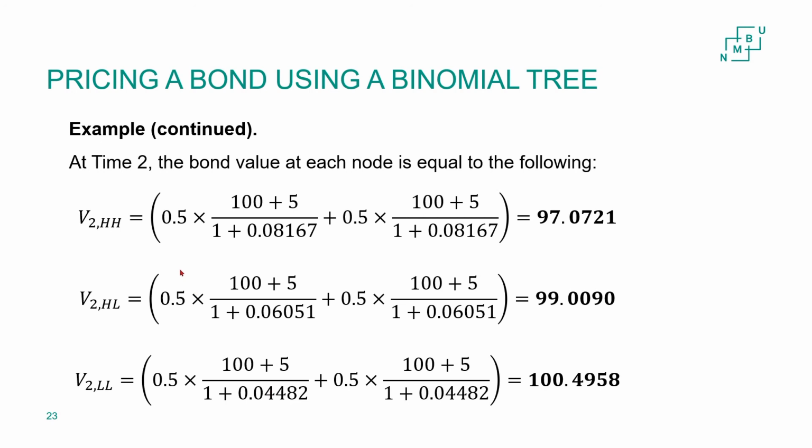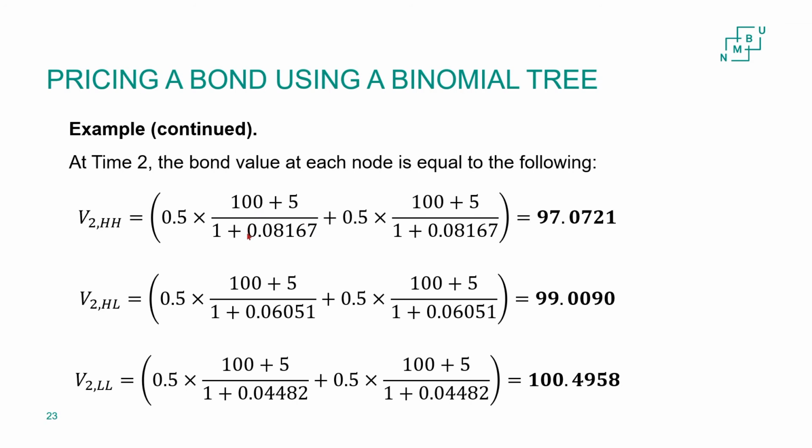So here we have the values at the nodes, and what we do is that we start at the end of the tree. Okay, and why do we do that? Well, that's because this is a 3-year bond. And the present value we know is the cash flow at time 3. We know the cash flow is the face value plus a coupon. So this is the cash flow at time 3.